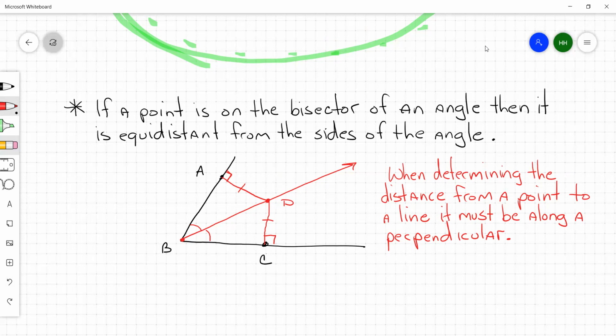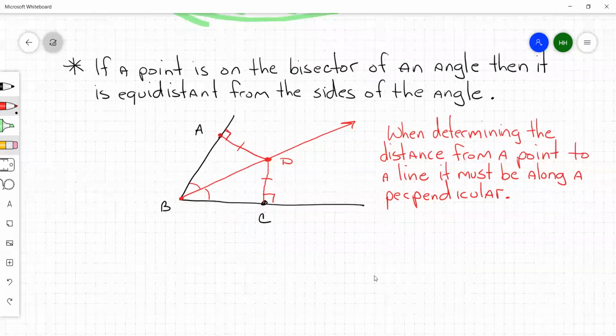All right, if we were measuring the distance from D to C, that segment's got to be perpendicular to C. And if we were measuring the distance from A to D, then that line has to be perpendicular to AB. All right? If a point is on the bisector of an angle, then it is equidistant from the sides of the angle.